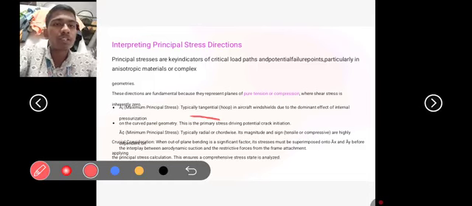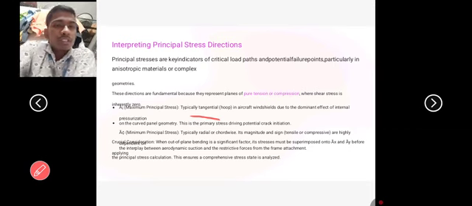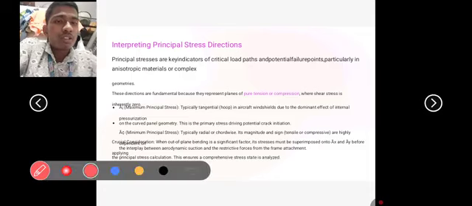Minimum principal stress is typically radial, chordwise. Its magnitude and sign are highly crucial. The principal stress calculation ensures a compressive stress state is analyzed.